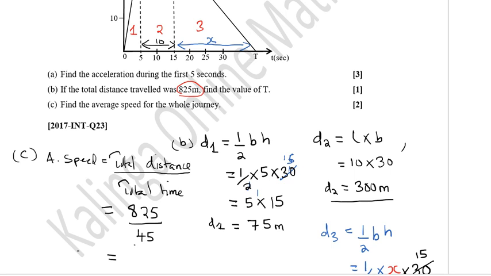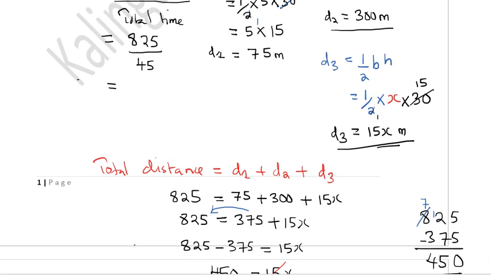Okay, so now we can find the average speed. We can even divide into this. I know 5 can go into these numbers. So 5 into 45, it's 9.